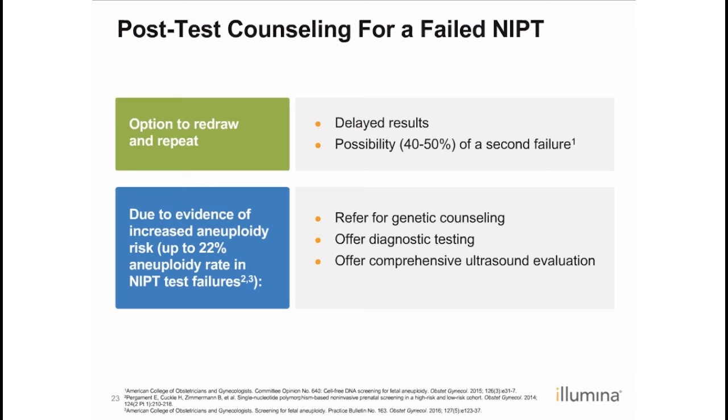Therefore, it is appropriate to refer the patient to a genetic counselor and/or a maternal fetal medicine specialist for further discussion and evaluation, and also offer a comprehensive ultrasound evaluation and diagnostic testing via CVS or an amniocentesis. Unfortunately, high failure rates can lead to more evaluation and diagnostic testing in truly unaffected pregnancies.